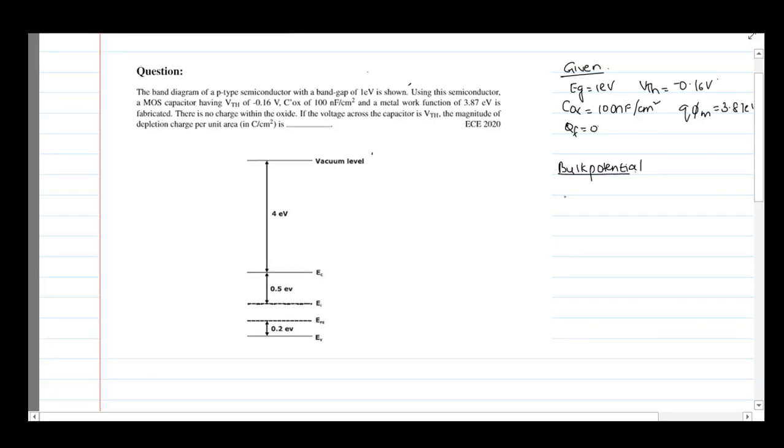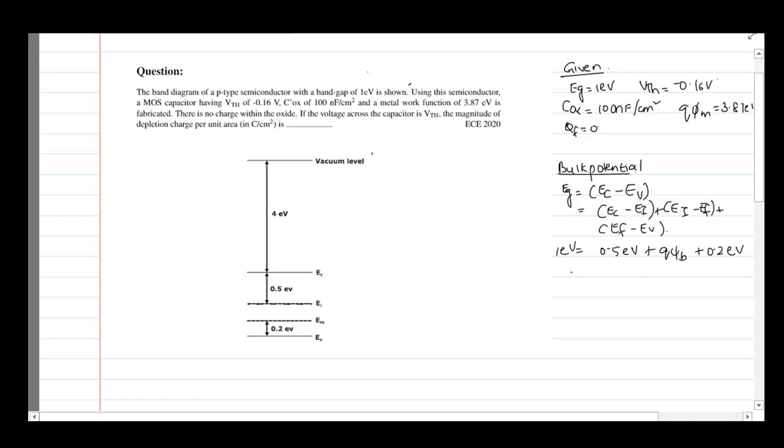We are given the information on the band gap. So we have learned that the band gap is the difference between the conduction band level and the valence band level. So the same thing, we can write it as EC minus EI plus EI minus EF plus EF minus EV. From the figure, we know that the EC minus EI is Eg by 2, that is 0.5 electron volt, plus EI minus EF is q psi b, plus EF minus EV is given as 0.2 electron volt, which would sum to 1 electron volt.